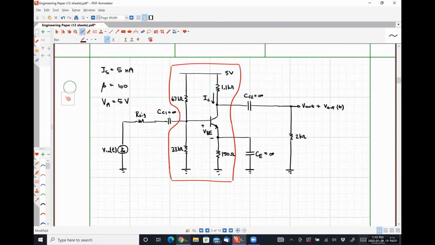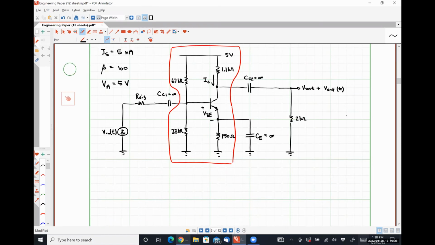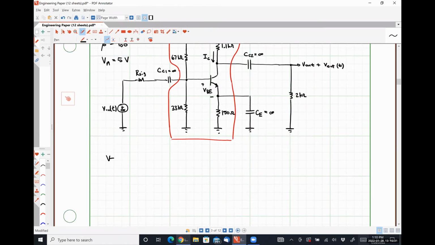So how do I analyze this guy? What's the first thing I need to do? Find V Thevenin. Exactly right. So V Thevenin is 5 volts times 33 kiloohms over 67 kiloohms plus 33 kiloohms, which is simply 1.65 volts.